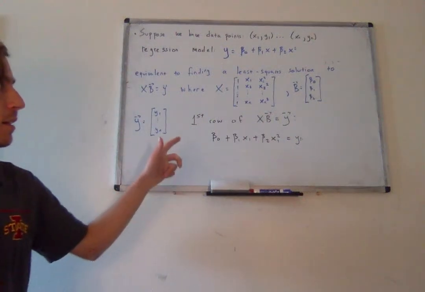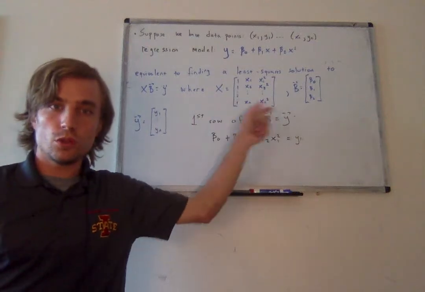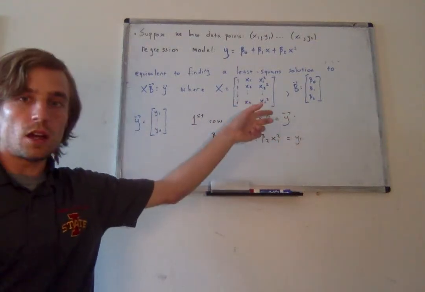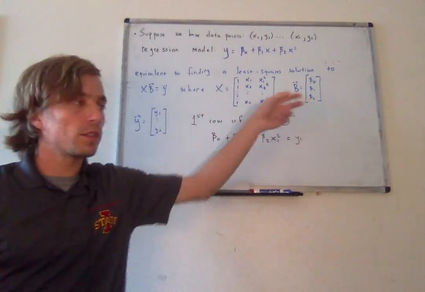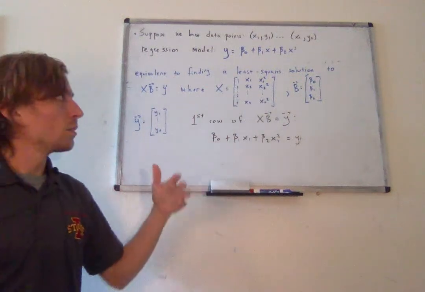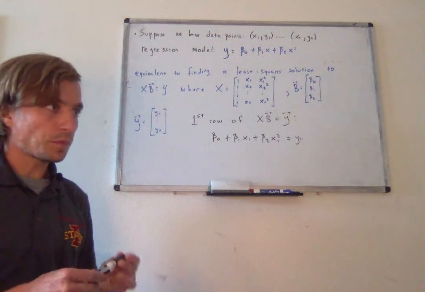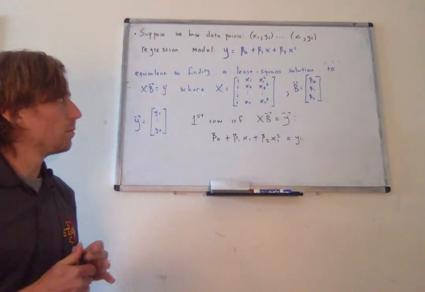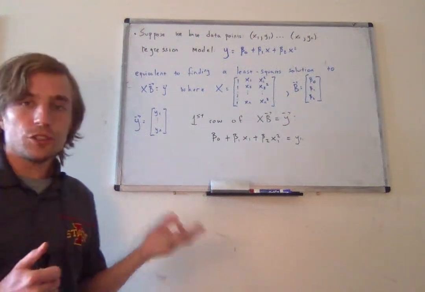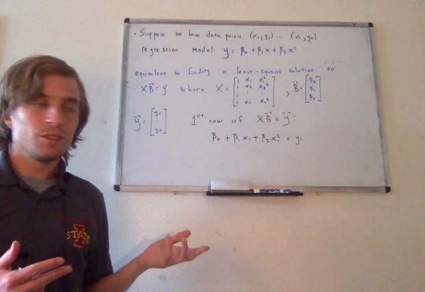So in fact, because this method of solution doesn't care how many columns or how long this vector is, as long as I've got at least as many rows as I do columns, we can actually do this with any model that we want.